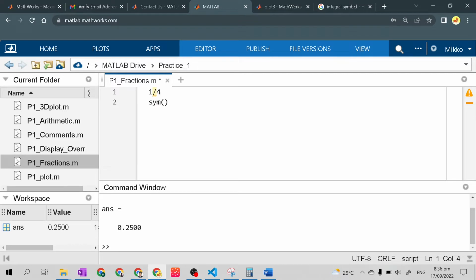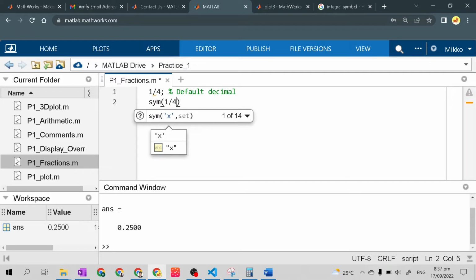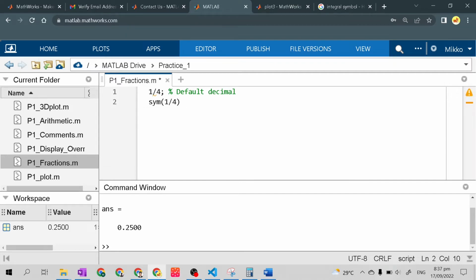Let's put a semicolon after 1/4 so that it will not echo in the command window, and let's put a comment: default decimal. Next, let's put the 1/4 inside the parentheses.